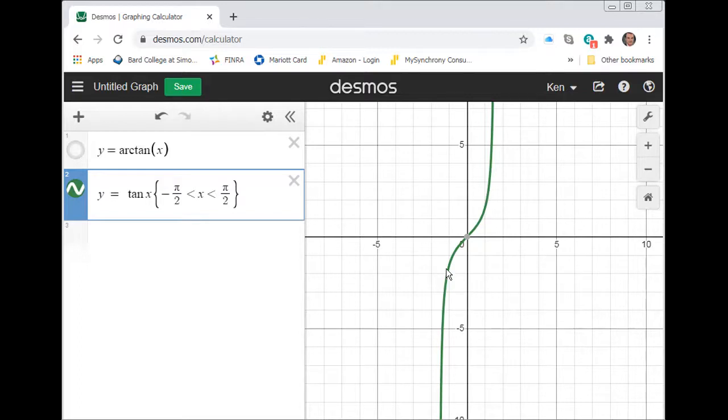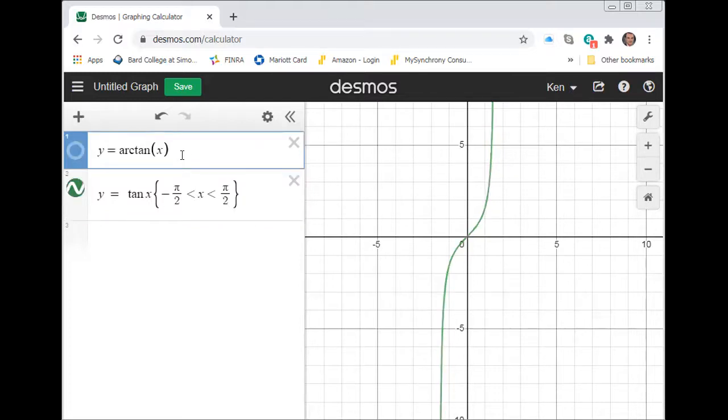Same thing with negative pi over 2. So that's why you see for tangent these vertical asymptotes, these infinite limits at pi over 2.